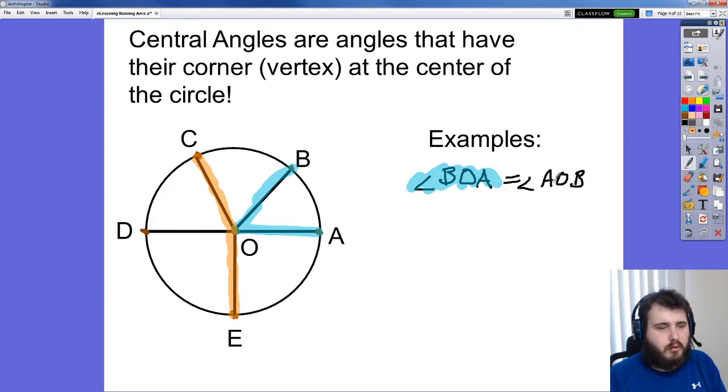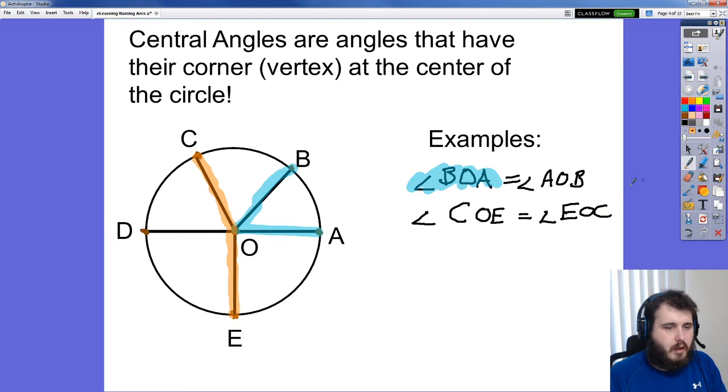As long as you put the O in the middle, since the O is the vertex letter, then you know you're fine. This one, you could call it angle COE. You could also refer to it as angle EOC. Both of those descriptions represent the same angle.